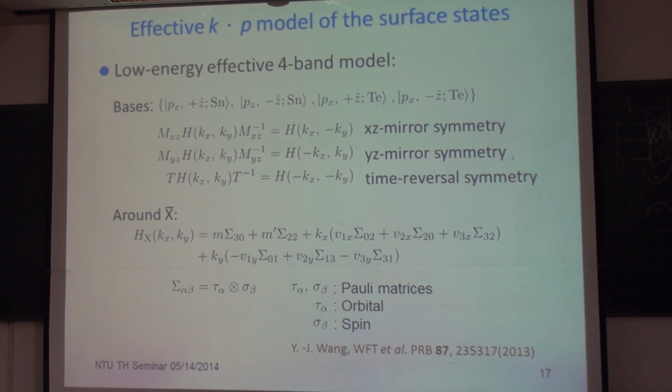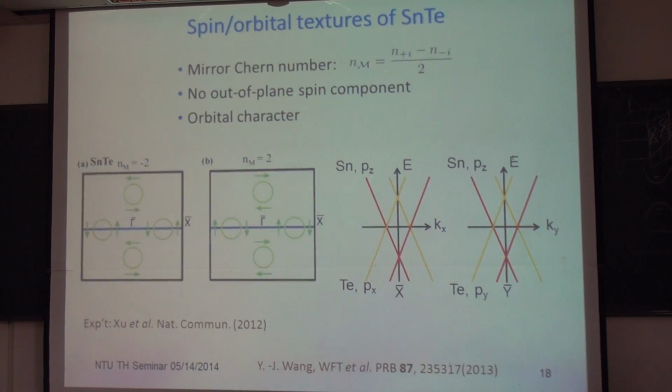The basic strategy is that we consider the symmetry of this system, using the mentioned symmetries and mirror, and we can develop a simple four-band model. And indeed, we can characterize several important features of this surface state.